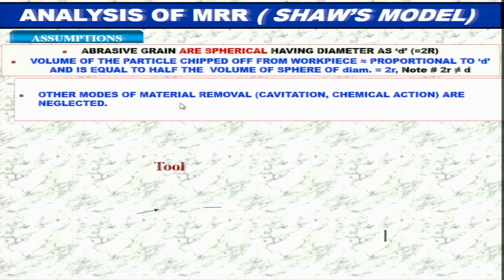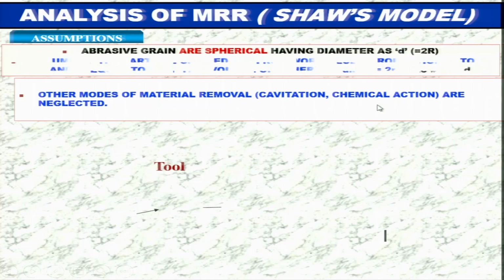Volume of the particle chipped off from the workpiece surface is approximately proportional to d, that is the diameter d here, and is equal to half the volume of a sphere of diameter 2R. Note 2R is not equal to d. A sphere that is created is different than the abrasive particle diameter.